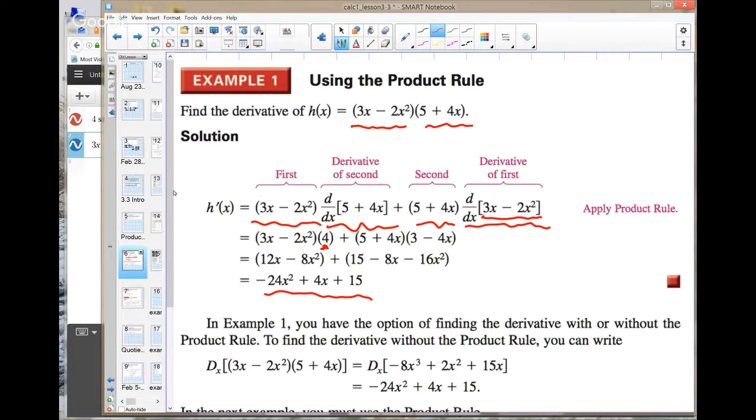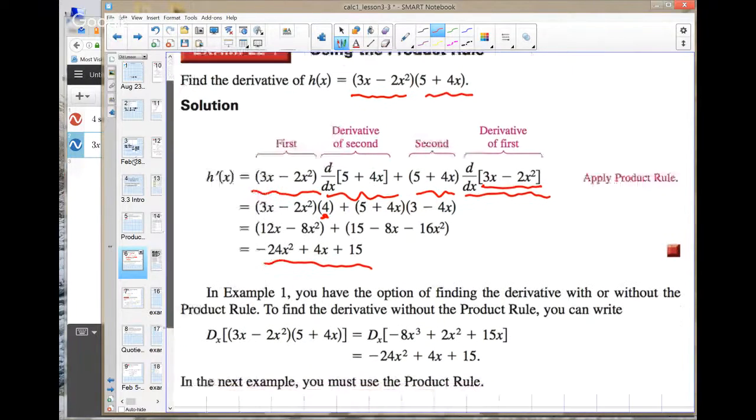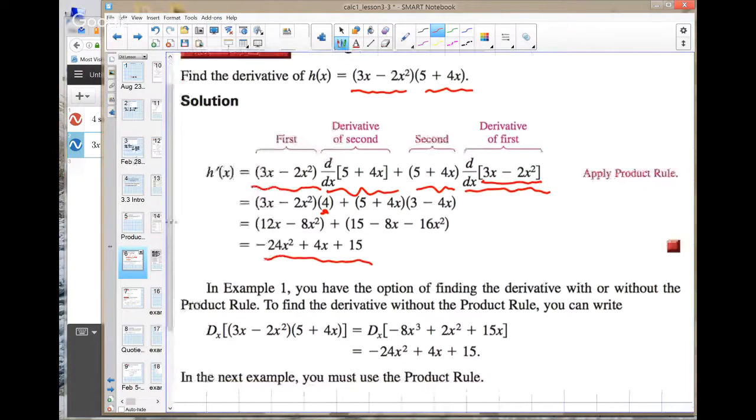Okay, so again, you're probably thinking, why did we do that when we could have multiplied it out first? And in fact, that's what they're showing you. Look, what if we'd multiplied this out first? Well, then you would have had this. And now what's the derivative? Negative 24x squared plus 4x plus 15. Notice we got the same answers.